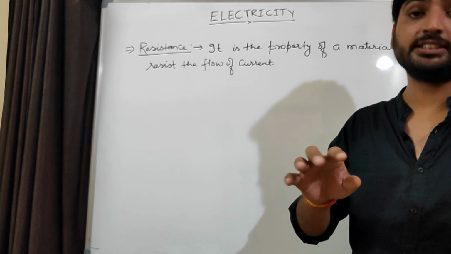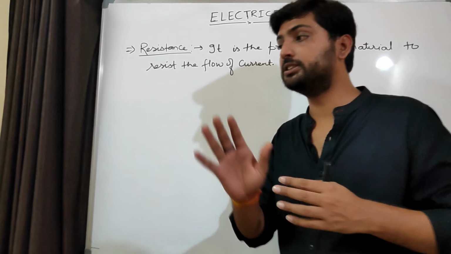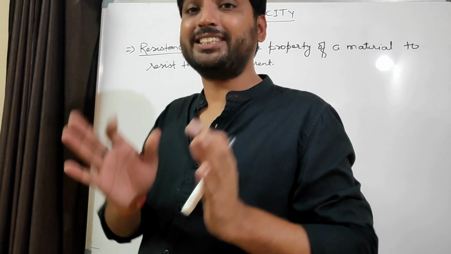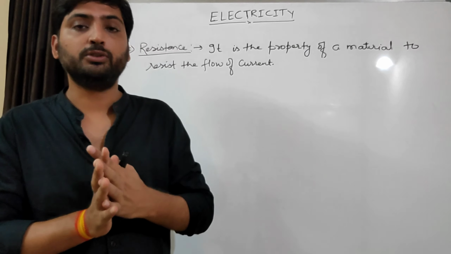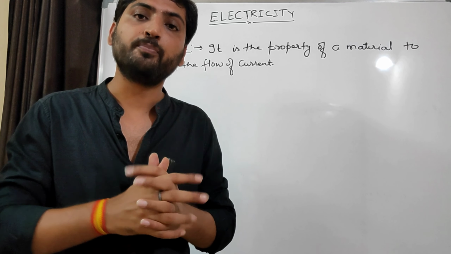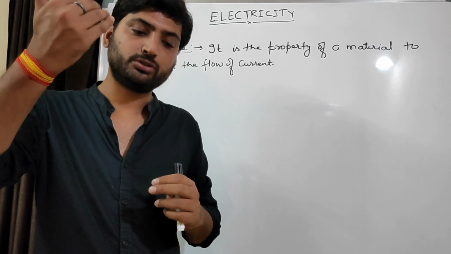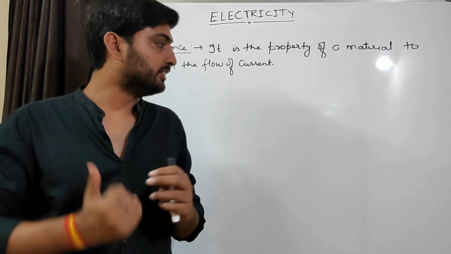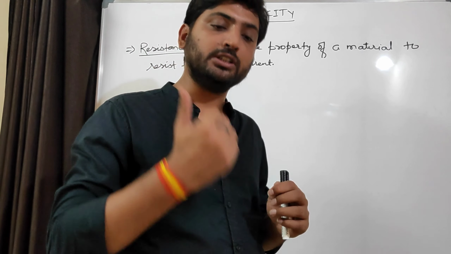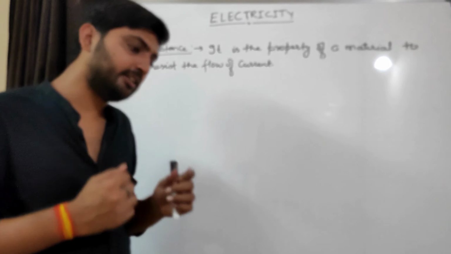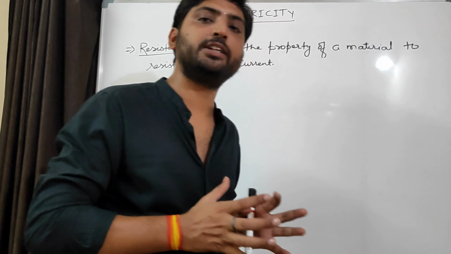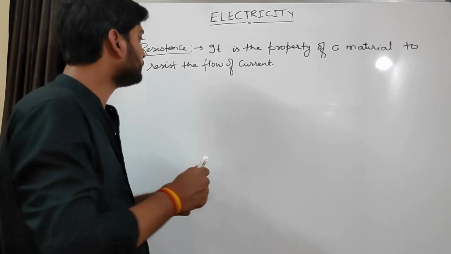Some of the current is not allowed to flow through it. Means there is something which resists the flow of current, but that resistance value is very less, that's why the current is allowed to flow. That's why in a conductor current flows easily, because the value of resistance is less.